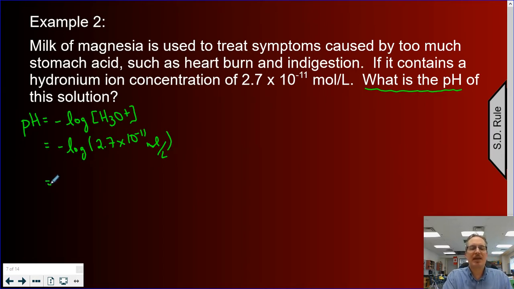So to type this in my calculator, negative log, set of brackets opens up, 2.7 times 10 to the raised exponent of negative 11, enter. And my full calculator answer was 10.56863624.